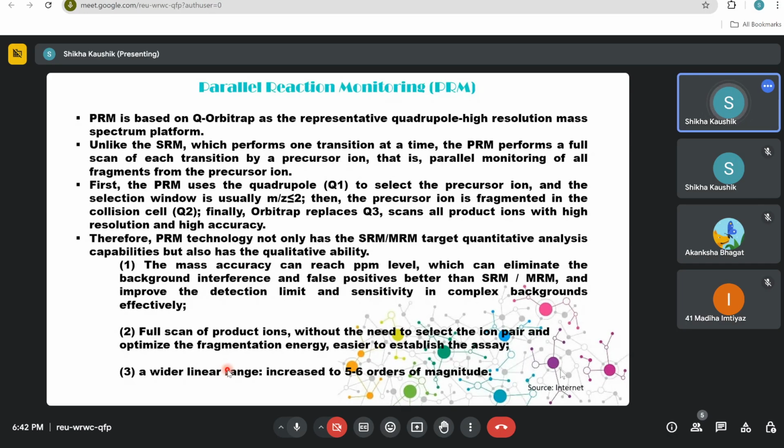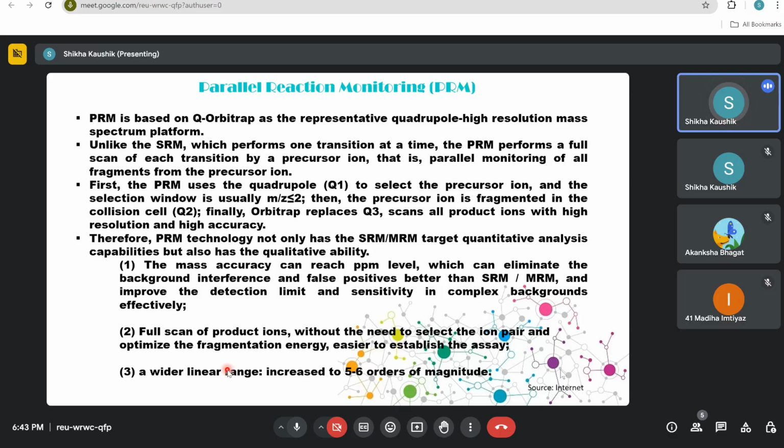Definitely PRM gives you more opportunity to understand the changes happening in your sample, because it is reading all the daughter ions, unlike SRM, which studies only one thing at a time, and that makes it more time consuming sometimes, right? But when you don't want to study the entire daughter ions and you want to study a particular fragment only, then SRM is the good approach for you, right? But PRM is done when you want to study many precursors at the same time.